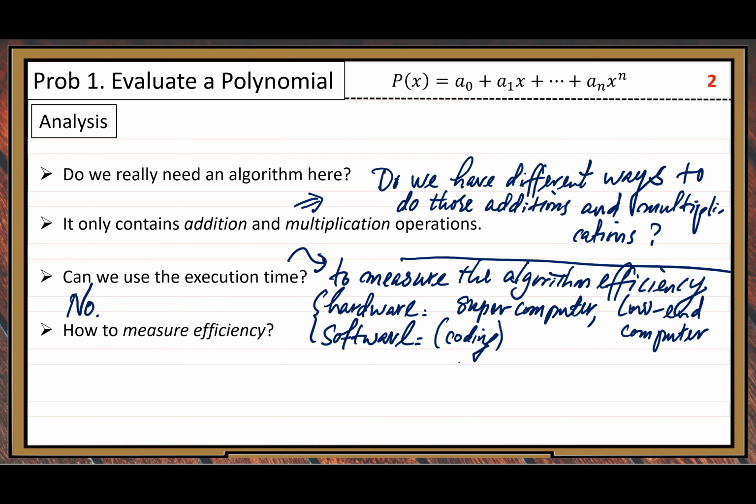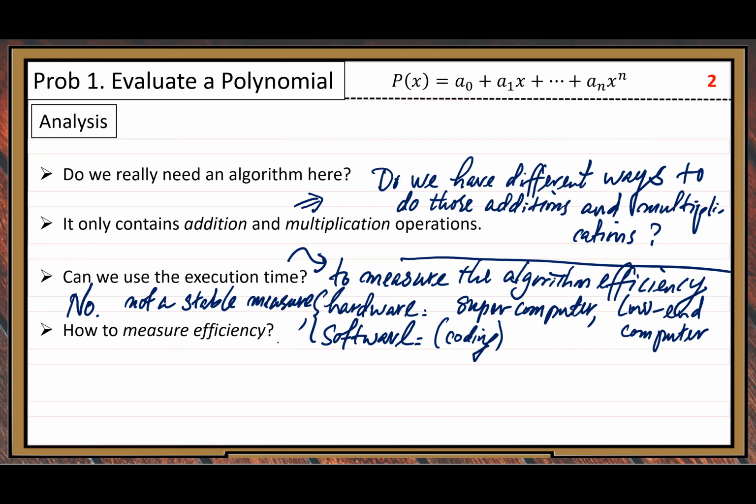That means, from both the hardware side and the software side, execution time as a measure is not a good measure. It's not a stable measure. So we want to avoid that kind of issue related to hardware and software.